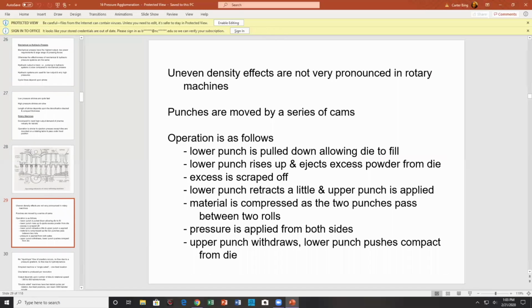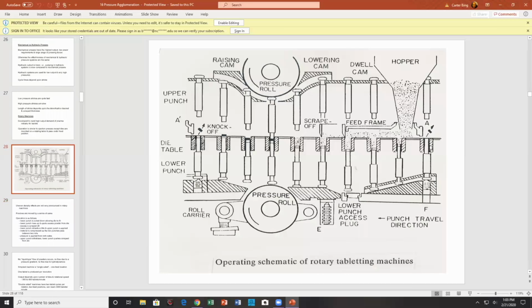Uneven density effects are not very pronounced in rotary machines. Punches are moved by a series of cams. I think we've already discussed how the operation is done. Excess is scraped off, and the compact is ejected. You can understand it better visually than reading it here.